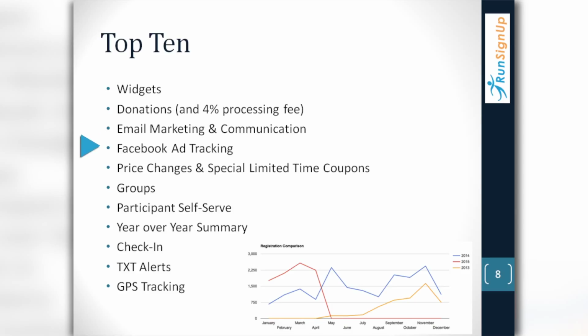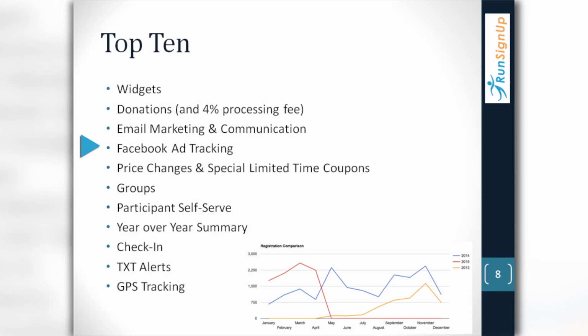Facebook ad tracking. So this is one of the lessons we learned from working with all these glow runs and blacklight runs and stuff. They do a lot of advertising and they measure their advertising. And the way you measure your advertising is you do this little trick called pixel tracking. And what RunSignUp allows you to do is you go to Facebook, you set up your ad, and Facebook will give you a pixel.